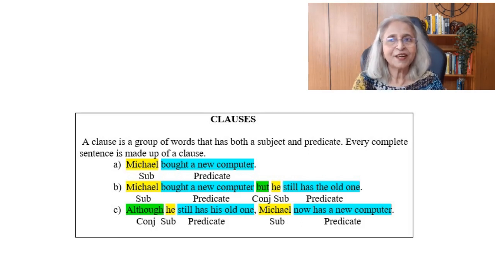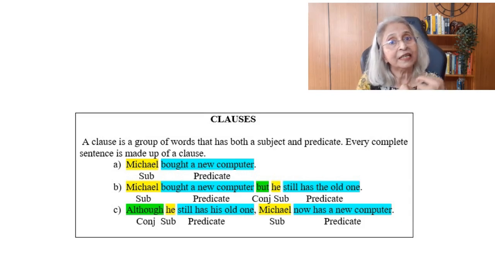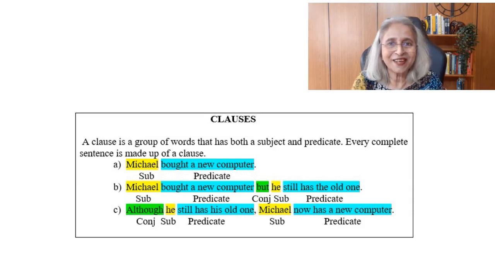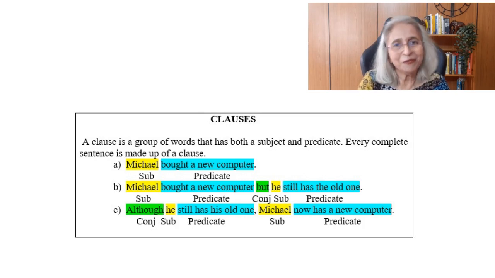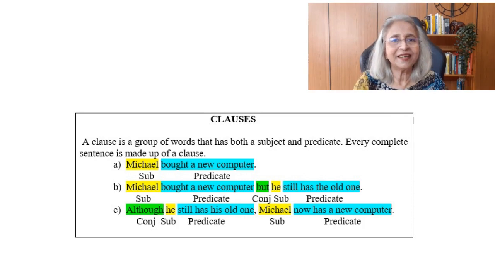Now, sentence construction being what it is, you can add on, link more sentences to it, and that is the magic of writing. You can add on more sentences and enhance the meaning far more.